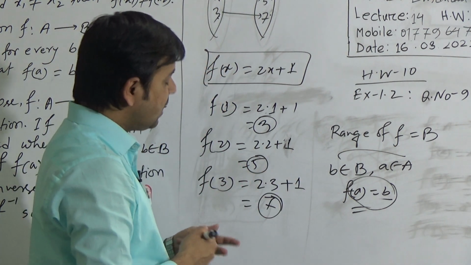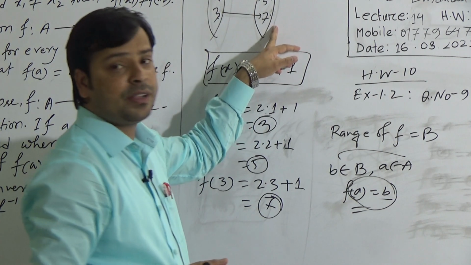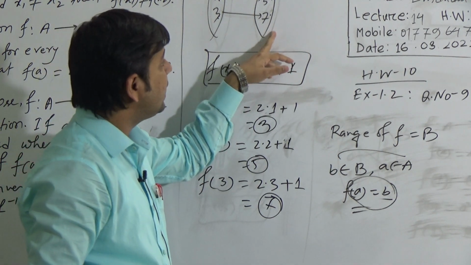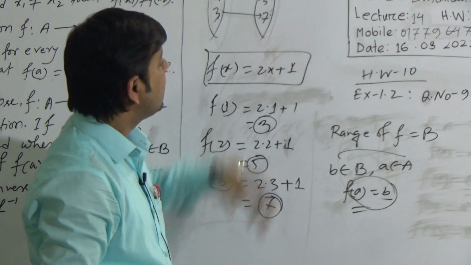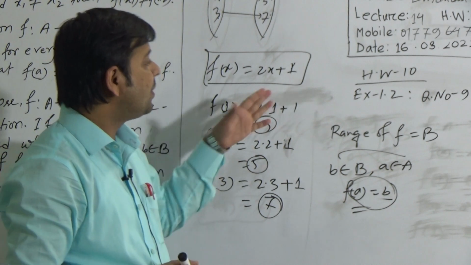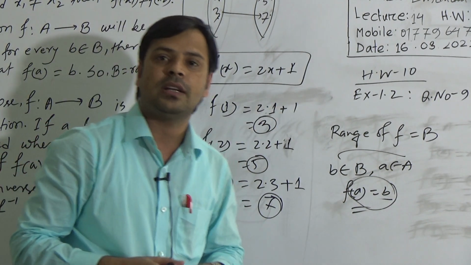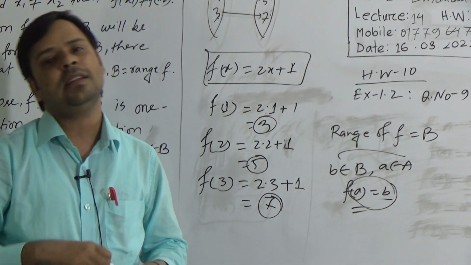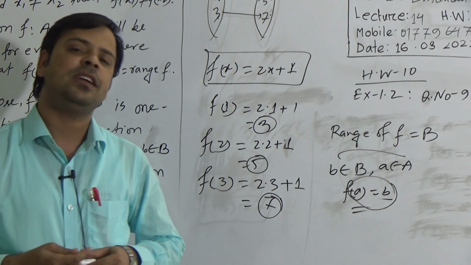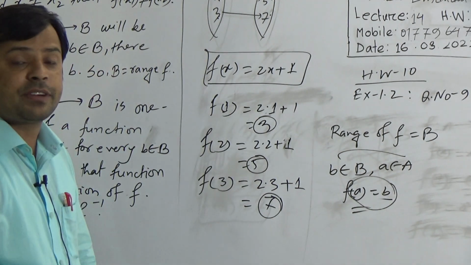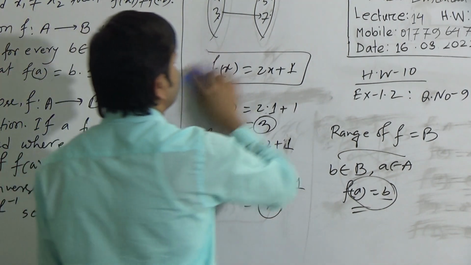So, all the elements of b are the images of the elements of a. It means that the range and codomain are equal. If the range and codomain are equal or same, then the function is said to be onto.